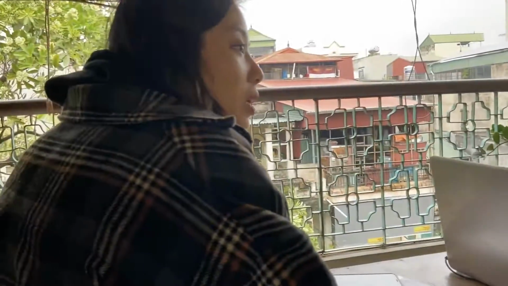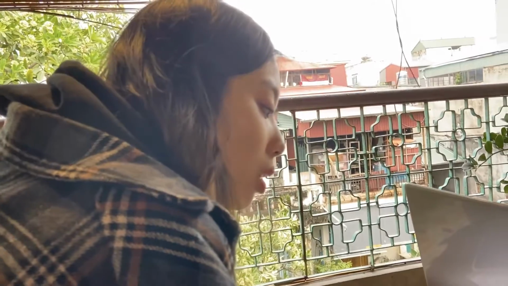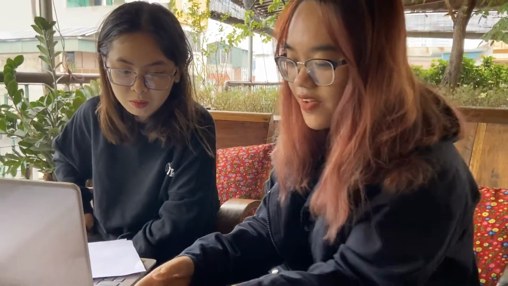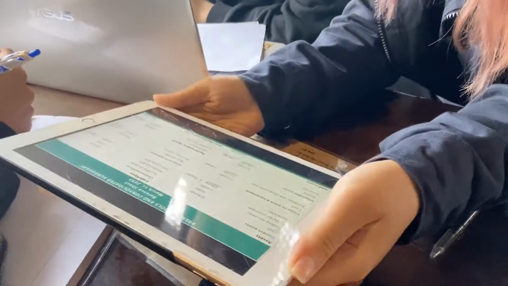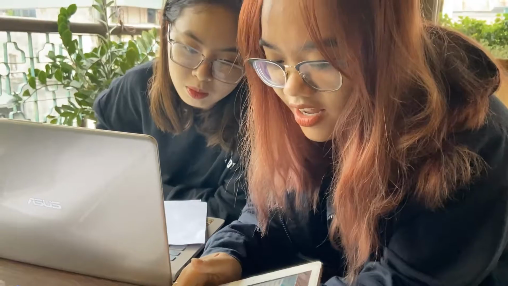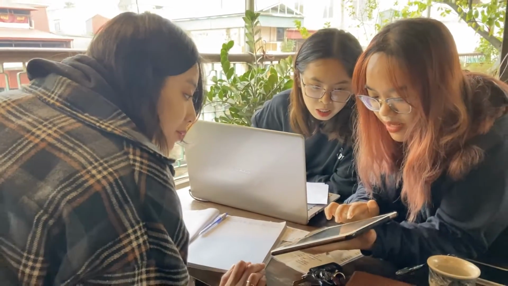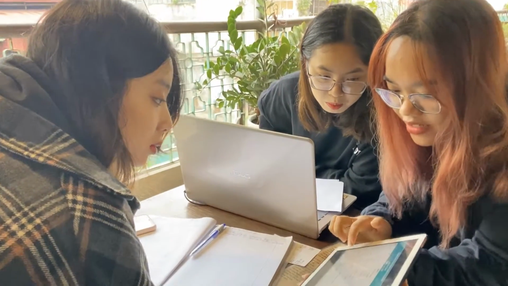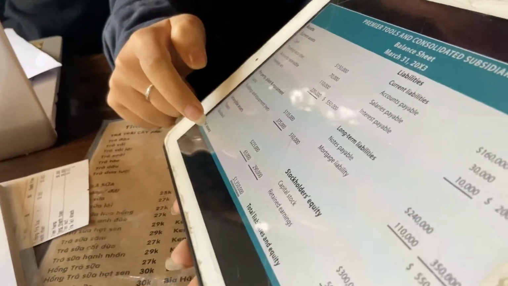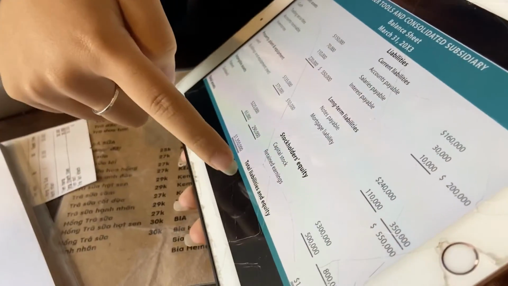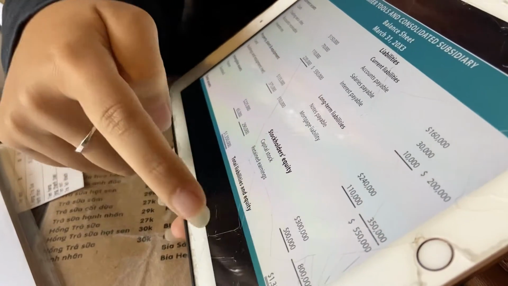So can you give me some example of a balance sheet? Okay, today I have an example of the balance sheet. You can see it here. You must know that the total assets and the total liabilities and equities must be equal.